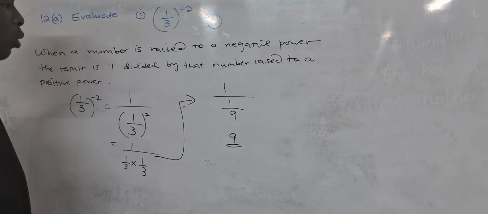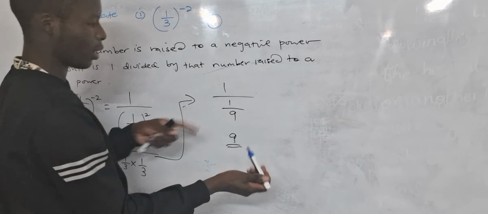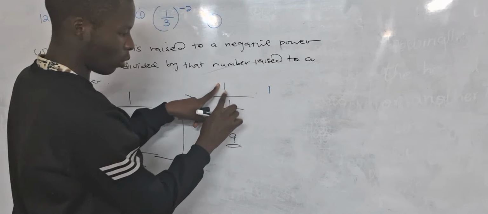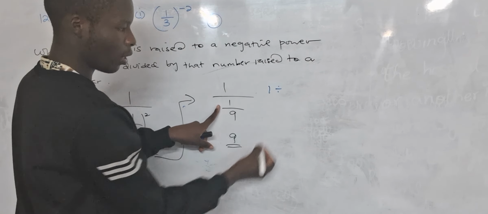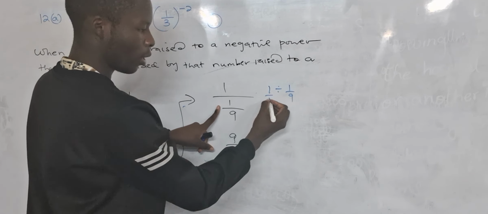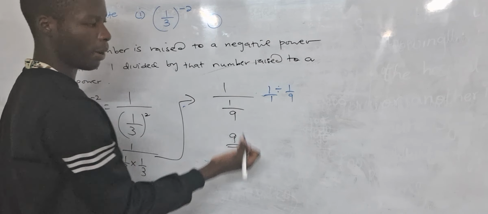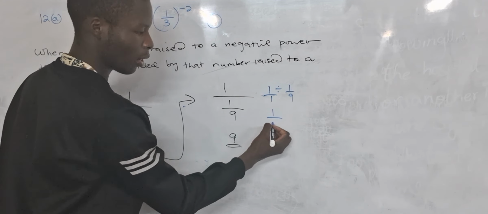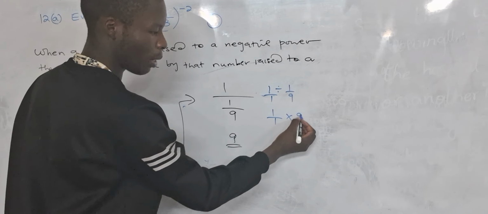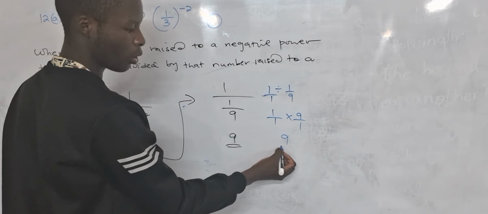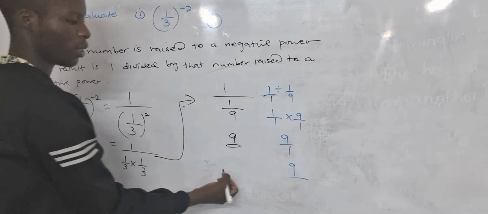Don't get confused. Why am I saying the final answer is 9? This is 1 divided by 1 by 9. If it is 1, it's the same as 1 divided by 1. So you can write this like 1 divided by 1 times 9 divided by 1, which is equal to 9 divided by 1, which is 9.